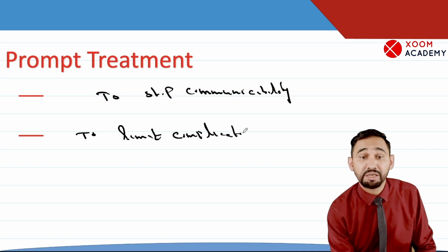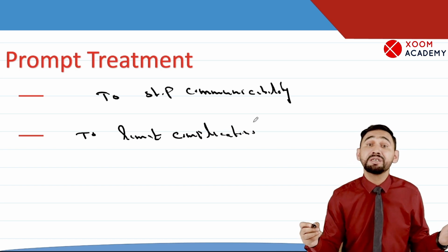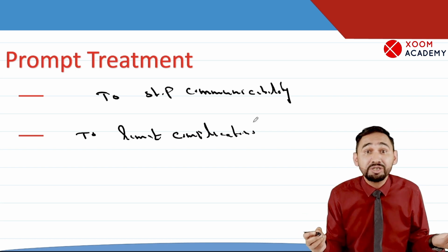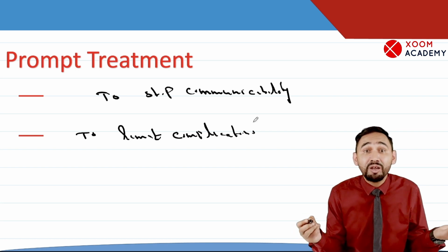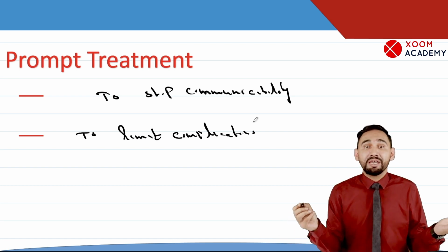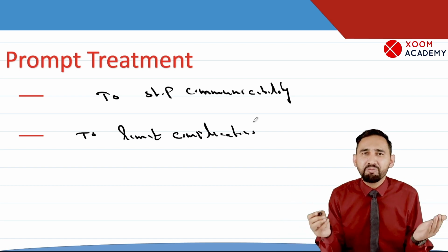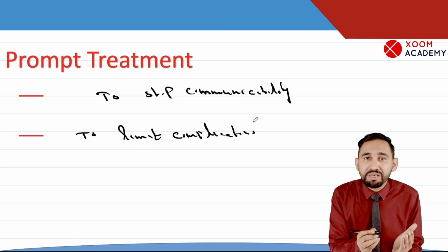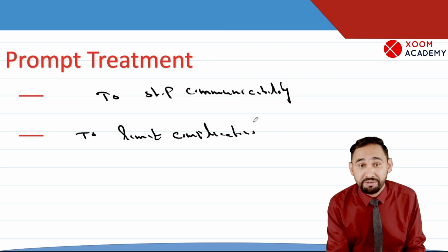We can stop the complications of tuberculosis if we provide treatment in time. Regular, prompt treatment is essential for control of the burden of disease and for control of disease spread, or we can say that we can limit the spread if we provide treatment in time. So early diagnosis and prompt treatment are interlinked, interconnected.